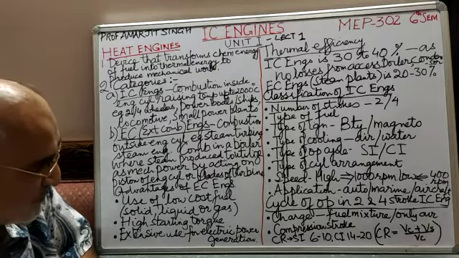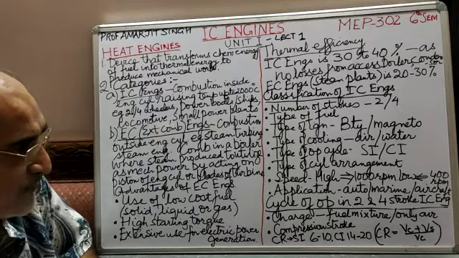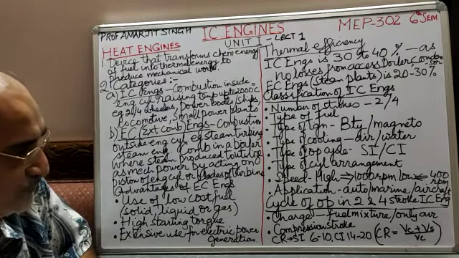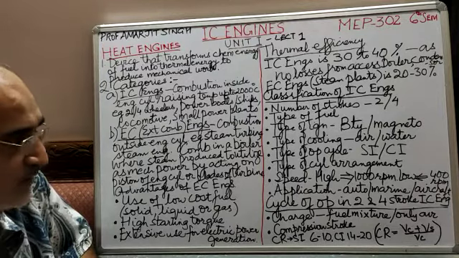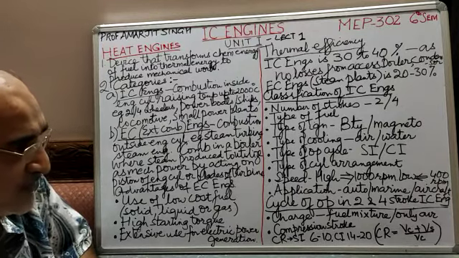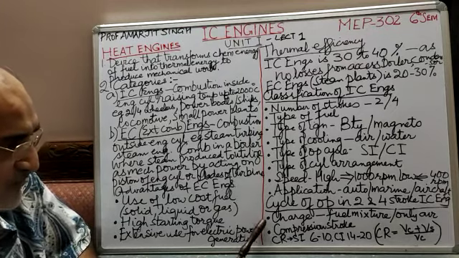Now we will come to the cycle of operation in 2 and 4 stroke IC engines. What is the cycle of operation in a 2 or 4 stroke engine? First of all, there has to be a charge.